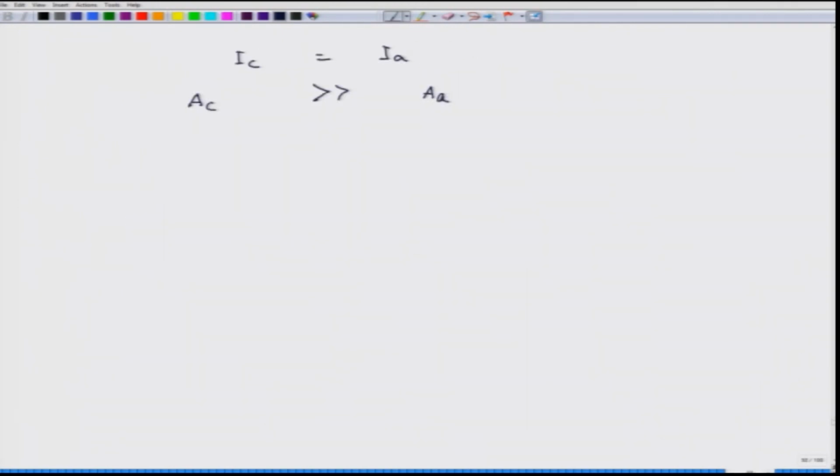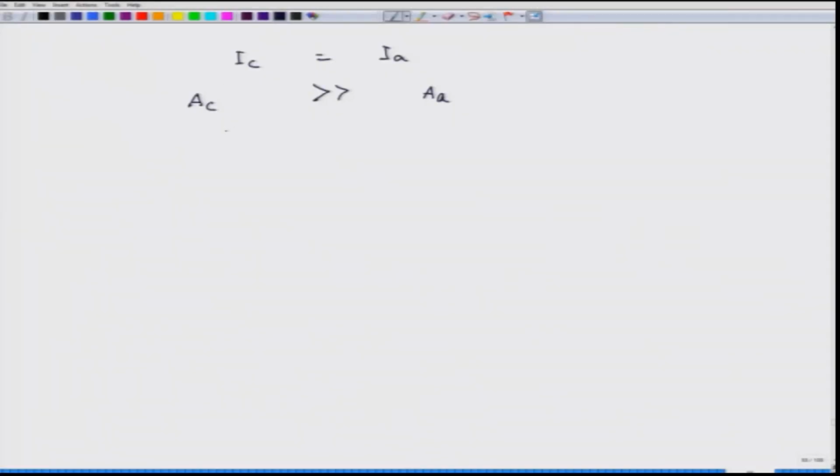But to understand the rate at which the cathodic and anodic reactions are taking place, I have to divide I C by A C and I A by A A, where A A is the area of anode and A C is the area of cathode.